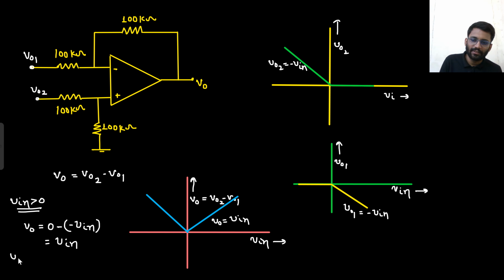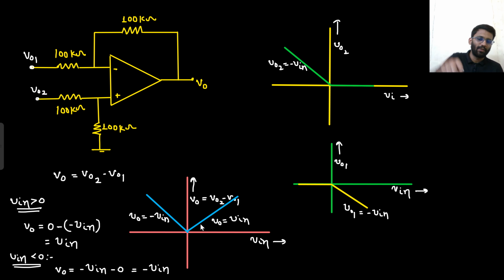And for V in less than 0, what is your V0? V0 is V02. What is V02? V02 is minus V in. Minus V01. What is V01? For V in less than 0, it is 0. So your output is minus V in.